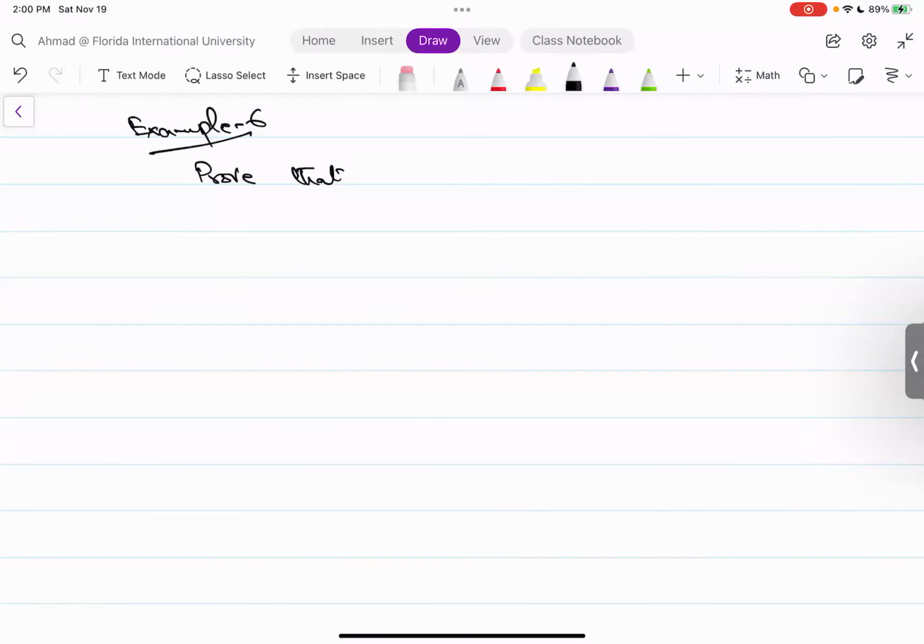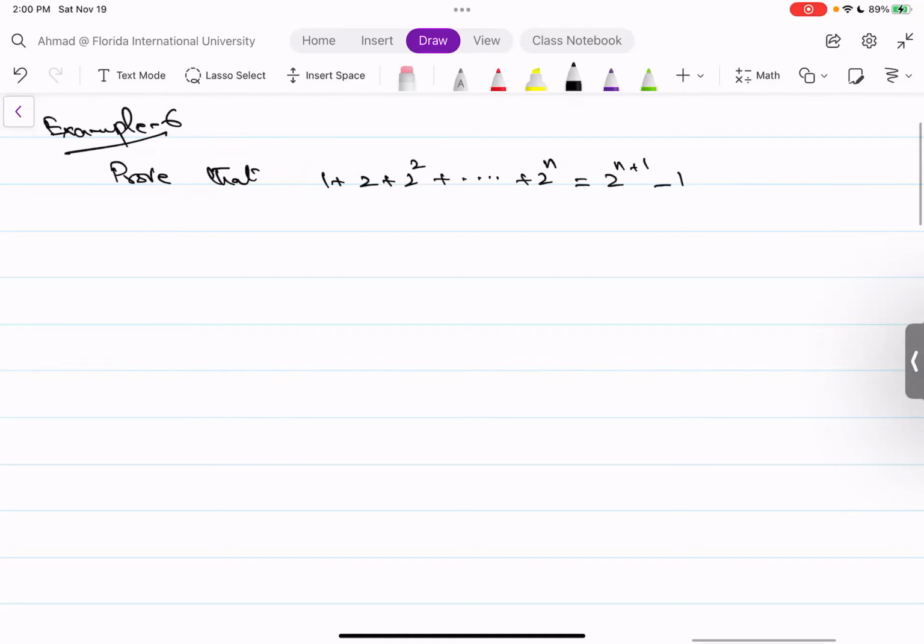Let's say, for example, prove that 1 plus 2 plus 2 square plus so on plus 2 to the power of n is equal to 2 to the power of n plus 1 minus 1. And this is true for all n greater than or equal to 0. That means the smallest value of n here is now 0.